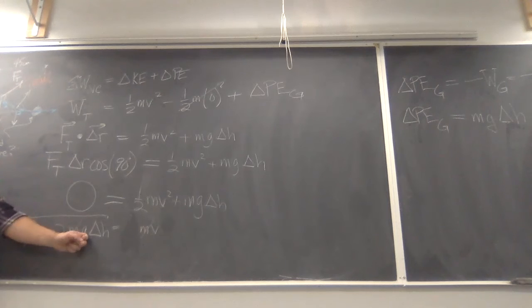Negative 2 times 9.8 times negative 0.45 meters. And we're done. Square root of 2 times 9.8 times 0.45. Just about 3 meters per second.